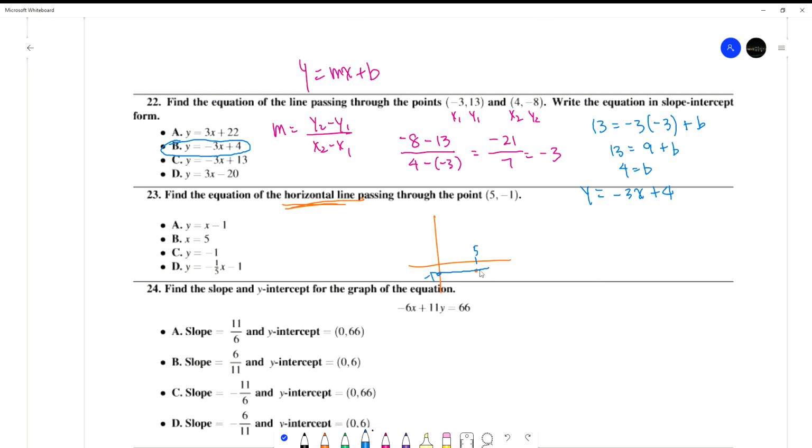So as you can see, the equation of the line goes through the negative 1. That's why a horizontal line is y equals negative 1. Okay? Please don't get confused on that problem. You're going to be asked either for the horizontal line or the vertical line.